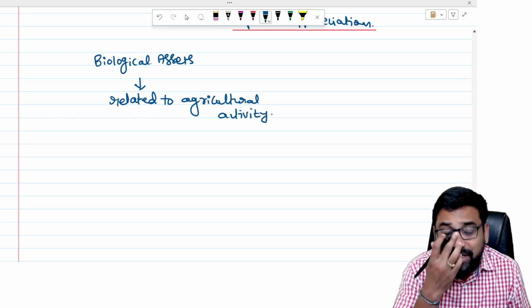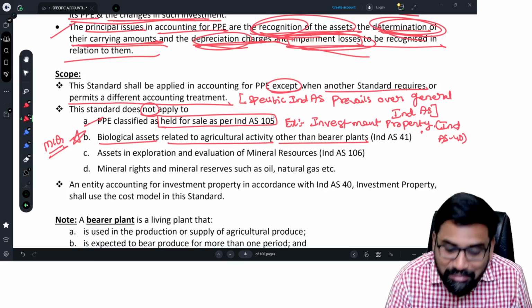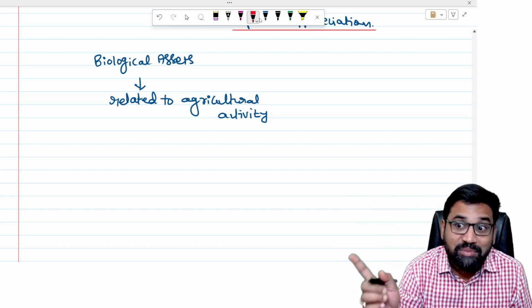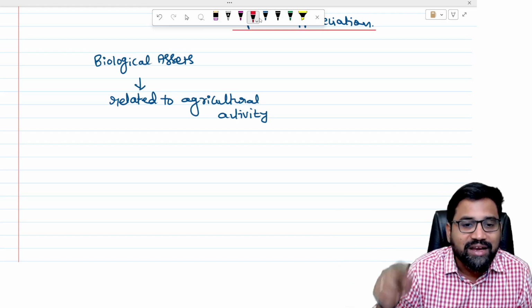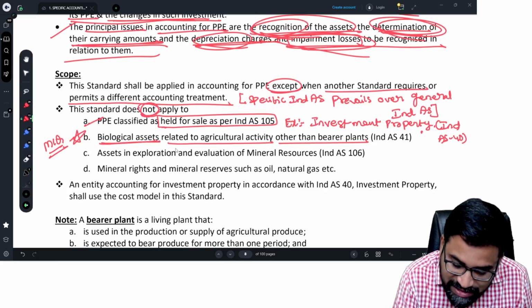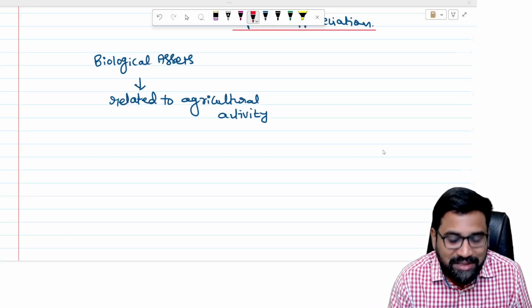Biological assets related to agricultural activity. This standard is not applicable. But they're saying other than bearer plant. That means exception. That means this is covered under IND AS 16. That means bearer plants are covered under IND AS 16. Because they said this standard does not apply to biological assets relating to agriculture other than bearer plant. That means for bearer plant this standard is applicable.